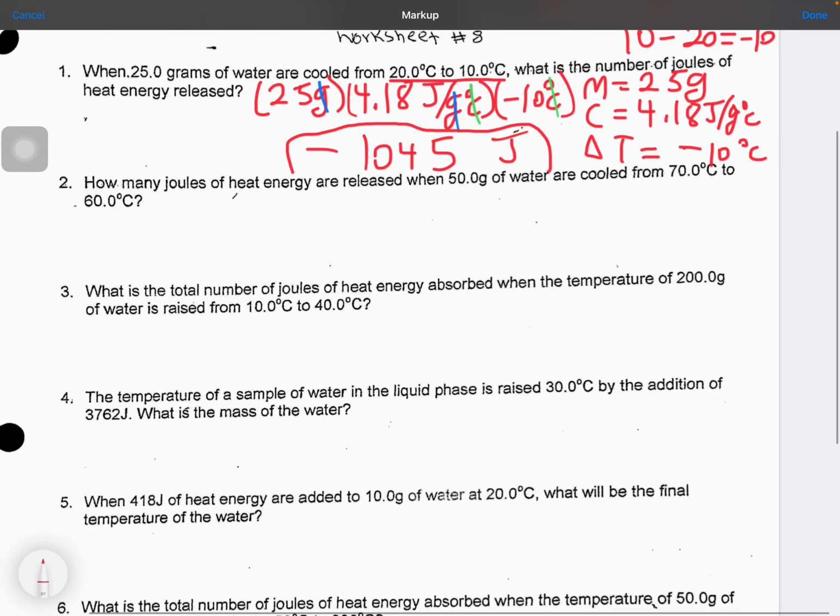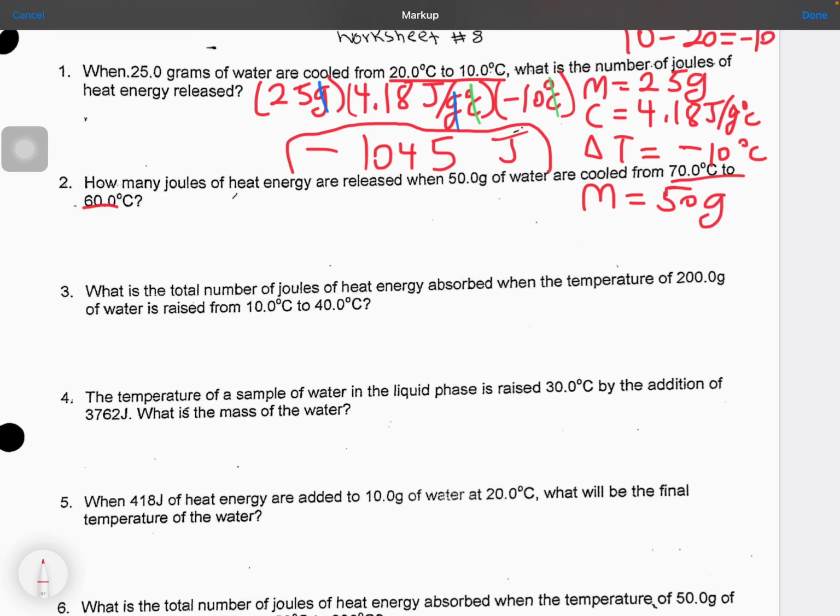Next one. How many joules of heat energy are released when 50 grams of water are cooled from 70 degrees Celsius to 60 degrees Celsius? Again, we're given a temperature value, so we are still using Q equals mc delta T. We know that our mass is equal to 50 grams.